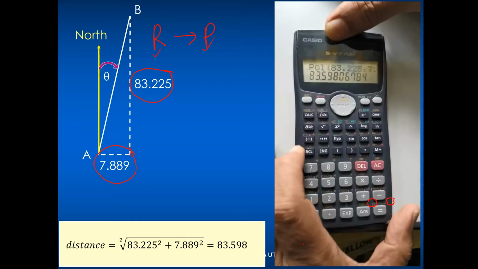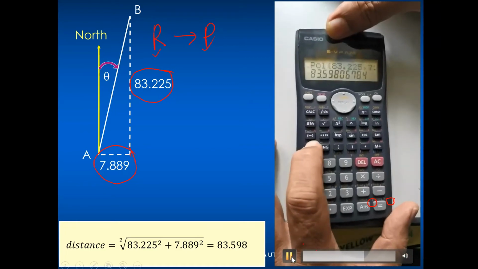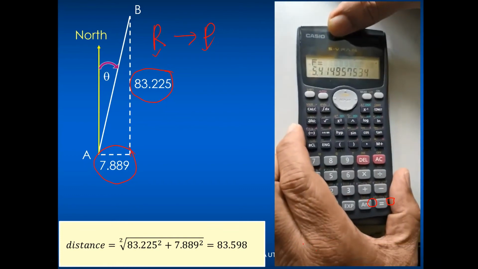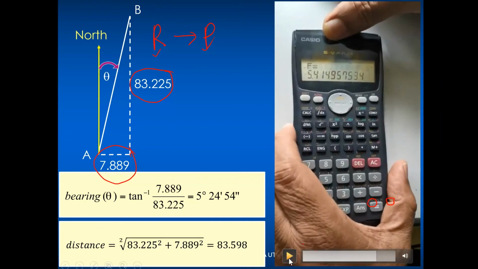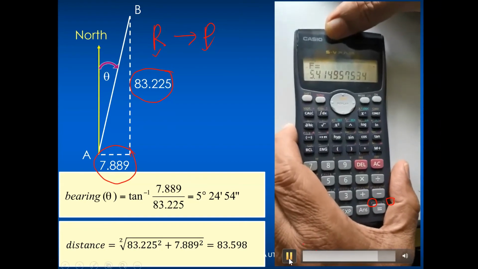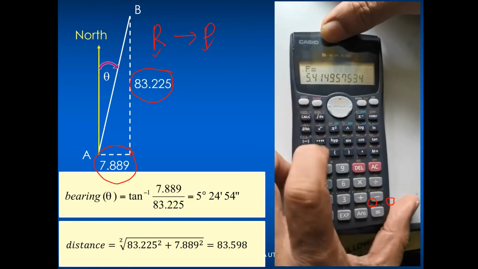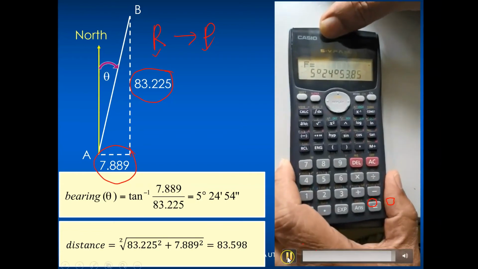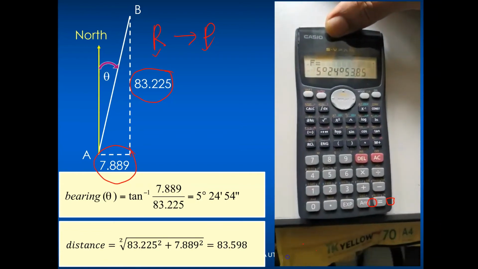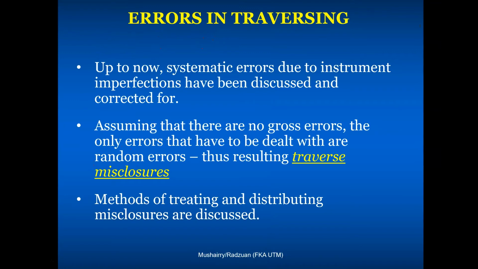So that's your distance, 83.598. And now if you press RCL and tangent, that will give you your bearing, 524.54. You've got to press shift to get the numbers in degrees, minutes, and seconds. So that's how you go about using the functions in your calculator.